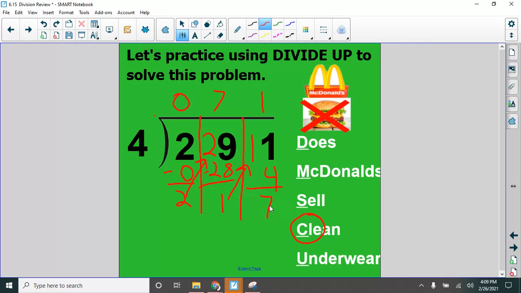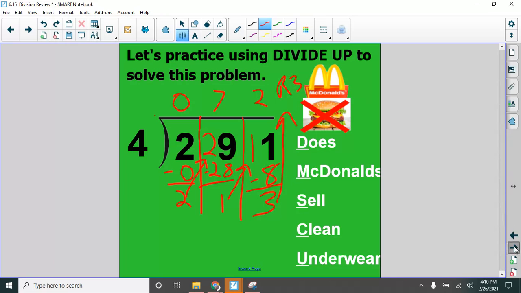So this 7 is bigger than 4. This tells you, nope, I made a boo-boo. And we can go in reverse. Oh yeah, 2 4s, because 11 minus 8 equals 3. 3 is smaller than 4, so that checks out. And our remainder is 3.